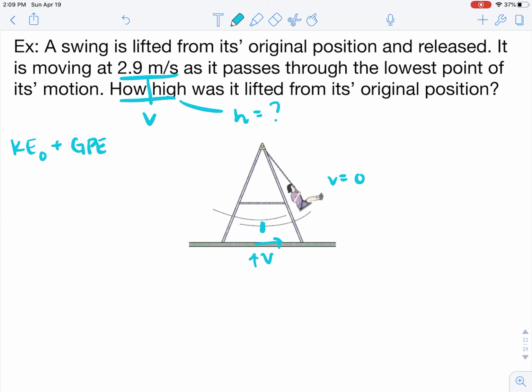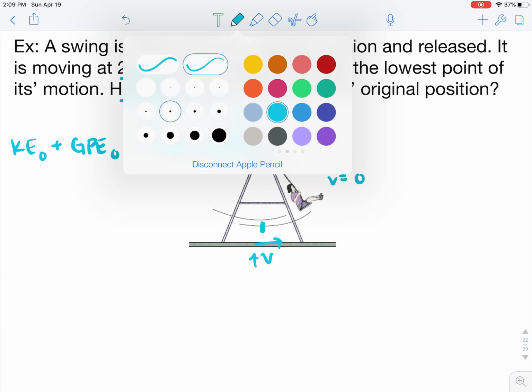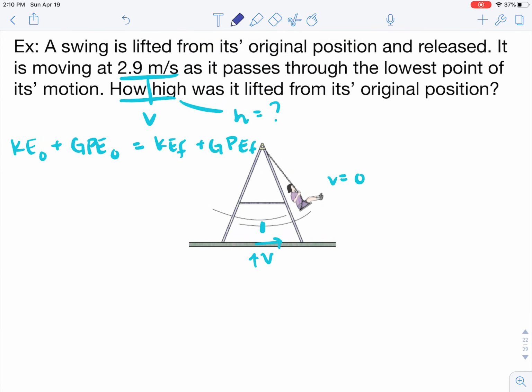Total amount of kinetic that I start with plus gravitational potential that I start with equals how much I end up with. And you could pick any point in the motion for the initial and the final. For this problem, I'm going to say initial is when she was lifted, and I'm going to say the final is down here at the bottom.